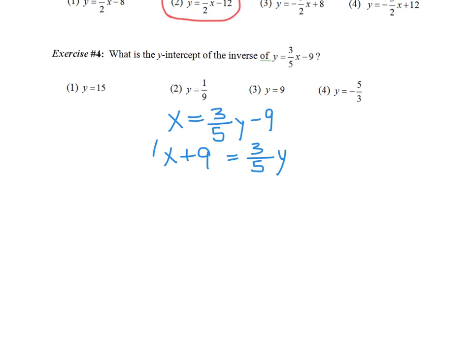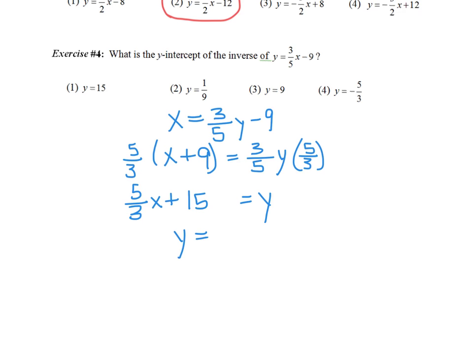And then I'm going to multiply both sides of the equation times the reciprocal, 5/3. When I do that on the right side, I'm going to cancel off the fractions. So I get y is equal to, let's distribute that 5/3, so that gives me 5/3 x plus 15. So my equation of the inverse is going to be y is equal to 5/3 x plus 15.